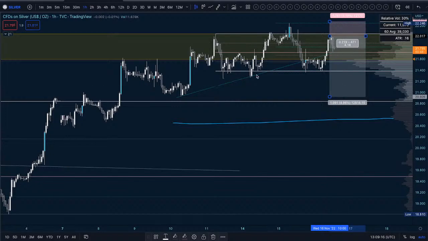I can target this area here, and eventually maybe this area. And I have the invalidation here, so I have all the means for the trade. I have my entry, I have my invalidation, I have my targets. So what else do you need? If I get stopped, I get stopped, that's it.